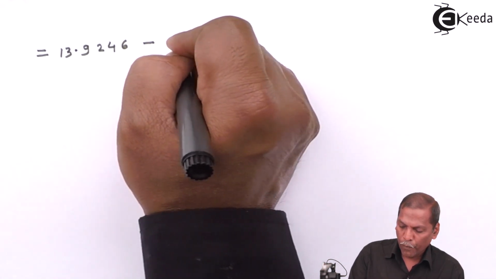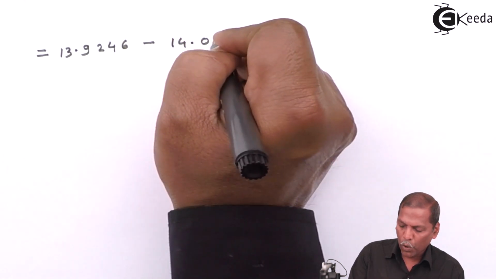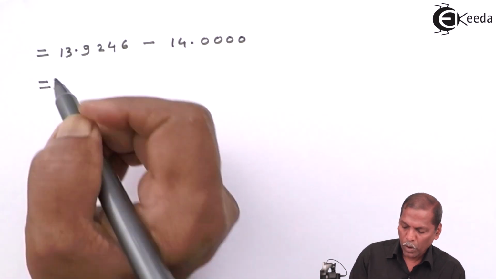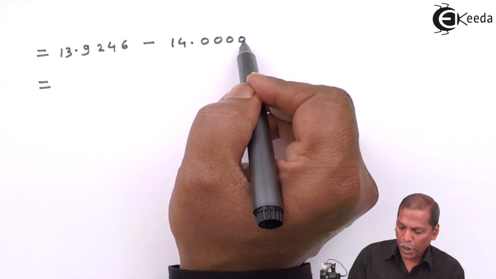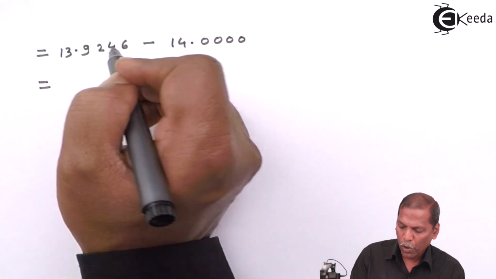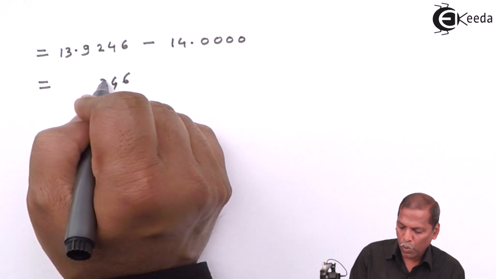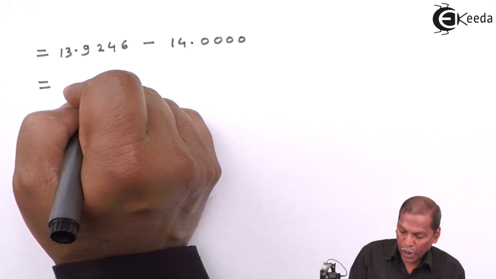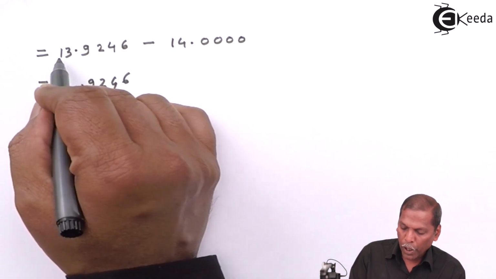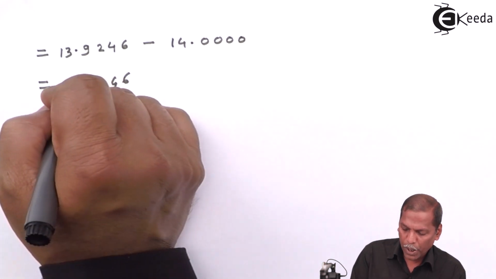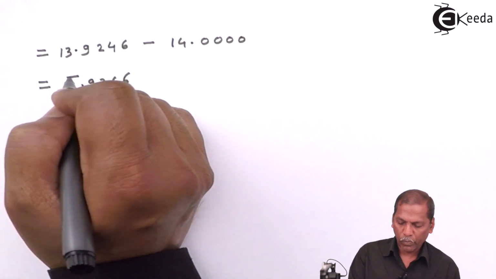Then minus 14.0000. Now 6 minus 0, that is 6, 4 minus 0, 4, 2 minus 0, 2, 9 minus 0, that is 9, then 13 minus 14, so we get minus 1, it means bar 1.